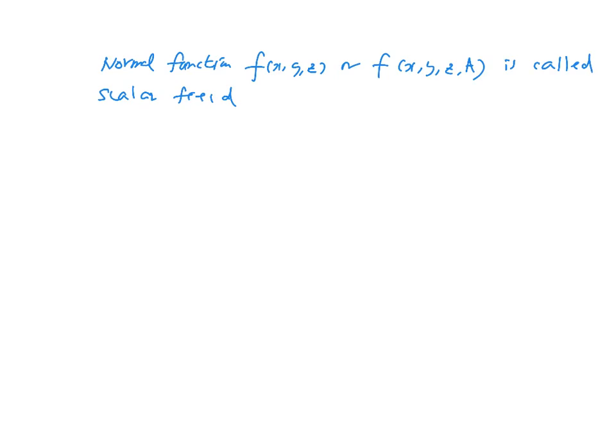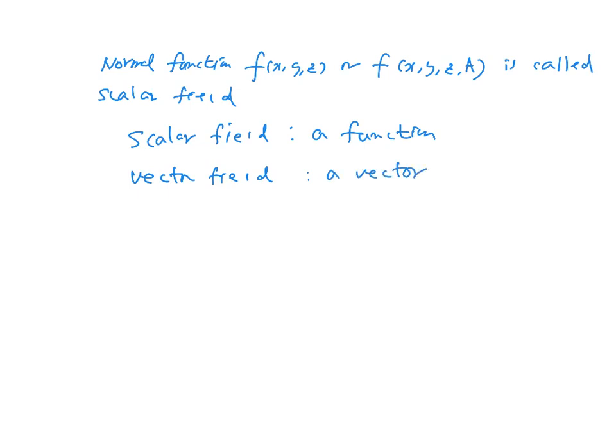So it's just simply a notation. Scalar field, vector field. This is new notation. So it's a function, or a vector, with dependence on x, y, z or x, y, z, t.